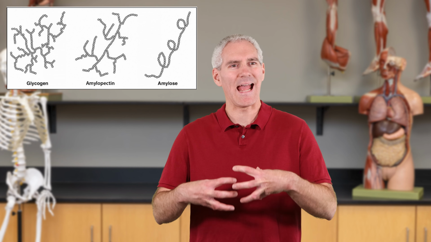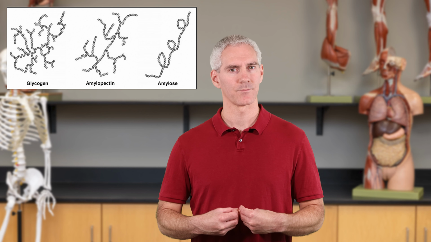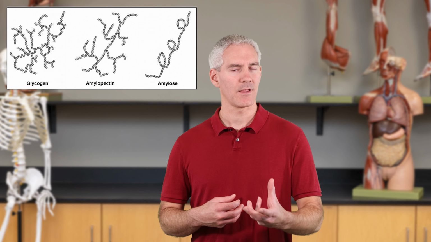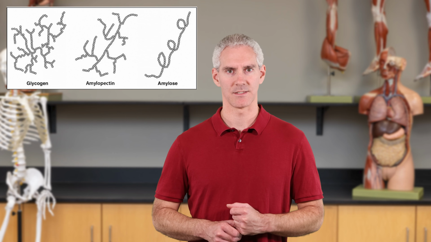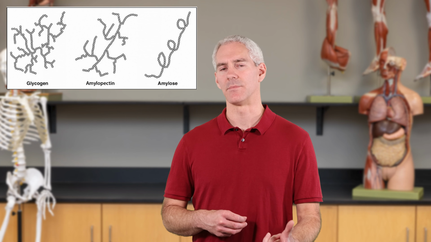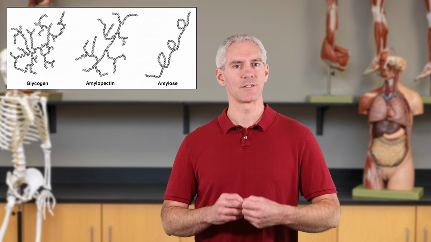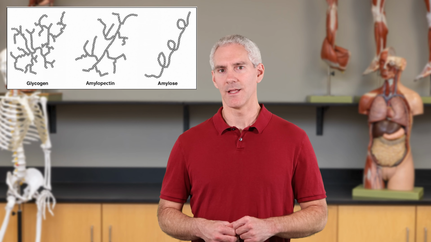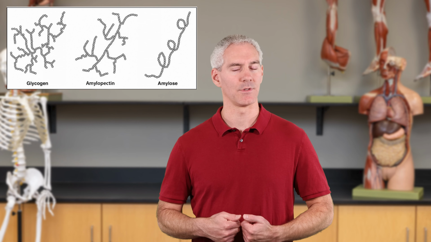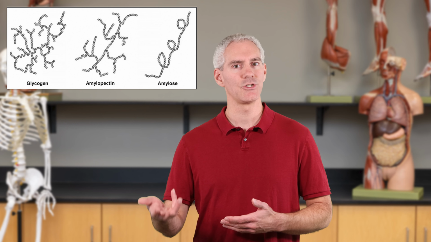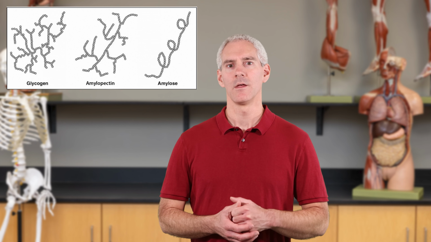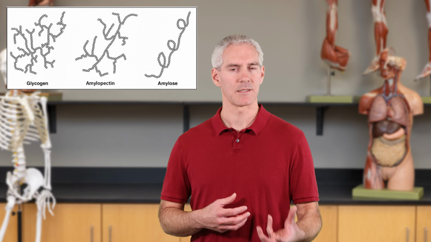We just don't have the right enzymes to break them down. So if you cook these polysaccharides, you're going to break down the crystalline structures. And by breaking down the crystalline structures, you make it easier for us as animals to have our enzymes digest those polysaccharides. So it helps out in the cooking process to break them down.